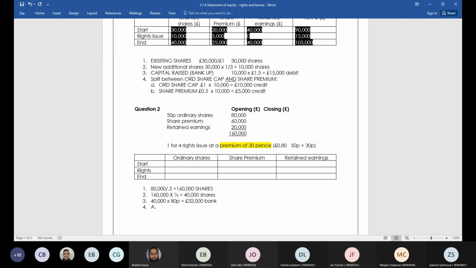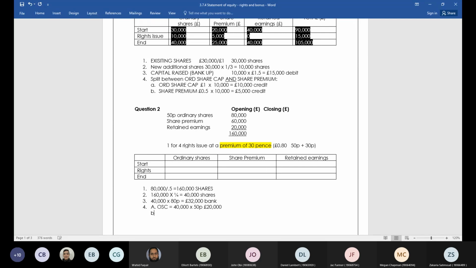And then we've got 4A and B. We're splitting it between ordinary share capital, which is going to be 40,000 shares at nominal value at 50p. Are you all happy that it's 20,000?